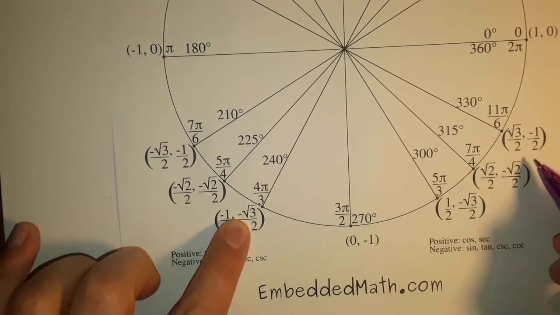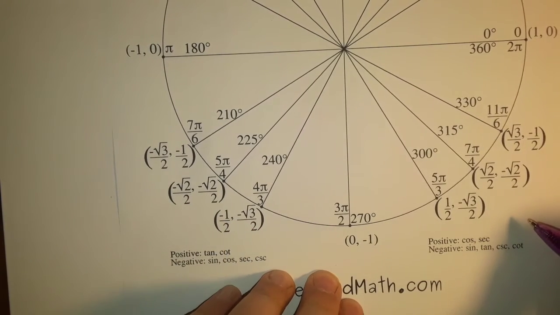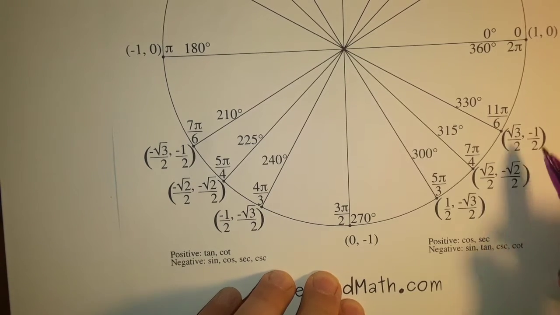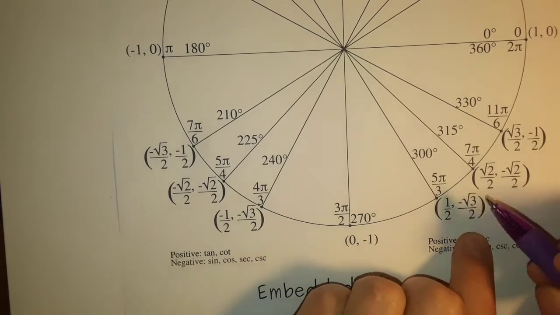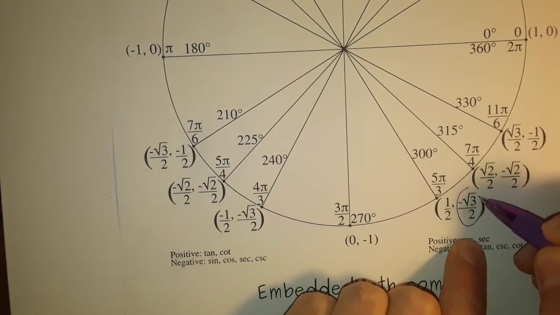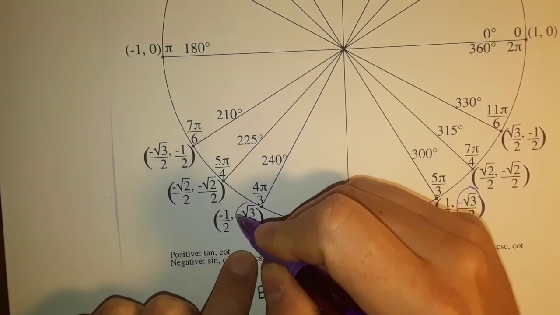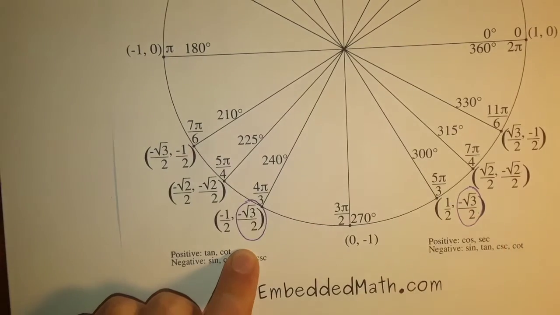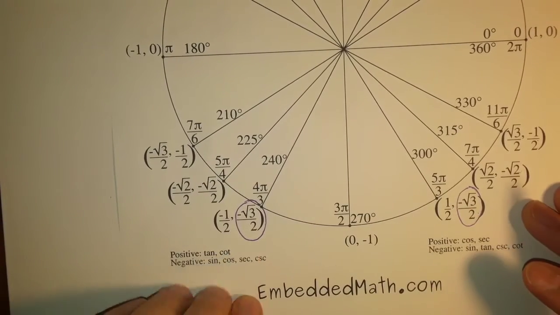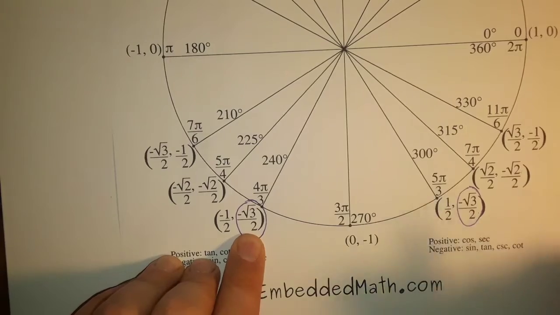But where is it negative square root of 3 over 2? If we look, we see that here we have negative square root of 3 over 2, and here also negative square root of 3 over 2. So then that means that we have two solutions.